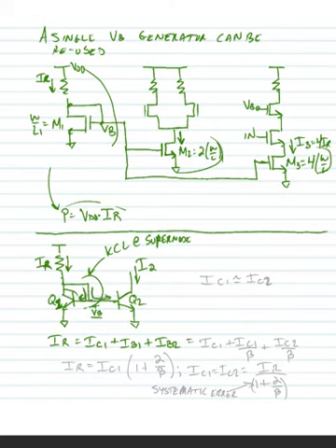And of course, we can use our beta relationship and say that this is equal to IC1 plus IC1 divided by beta plus IC2 divided by beta.